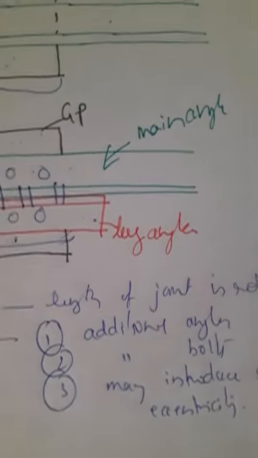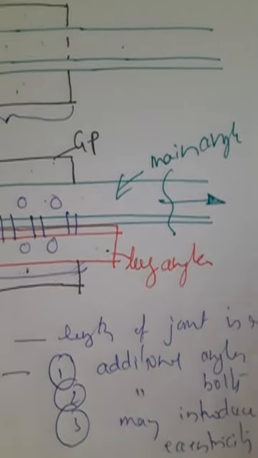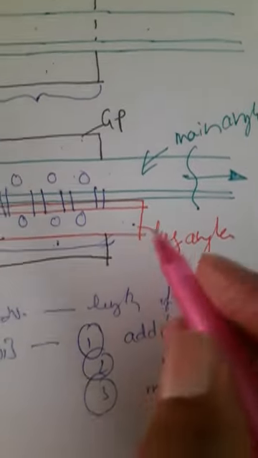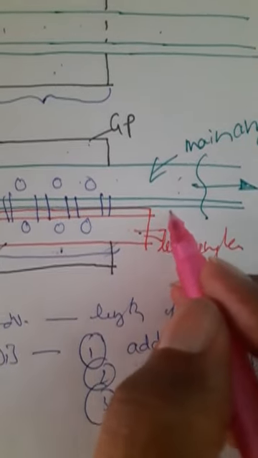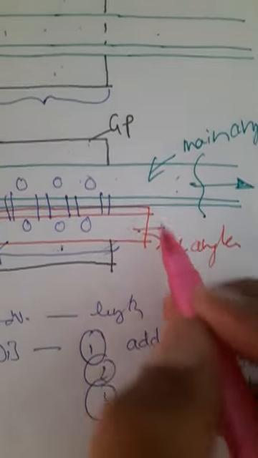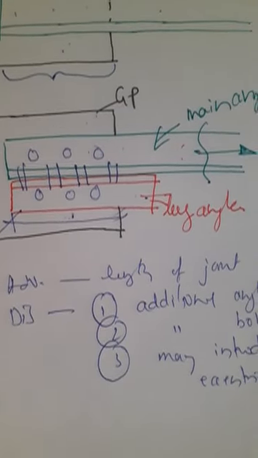Eccentricity in the sense, for this its CG is acting here, but since now I have connected one more angle, its CG might shift from here to somewhere here. So some moments or some eccentricity may be introduced. So we have to be very careful with the designs.